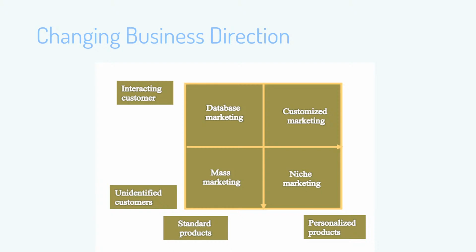For interactive customers and standard products, if you want to achieve these two, we need to do database marketing. If you want interactive customers plus personalized products, we need to use customized marketing. Like this we can compare them with each other.